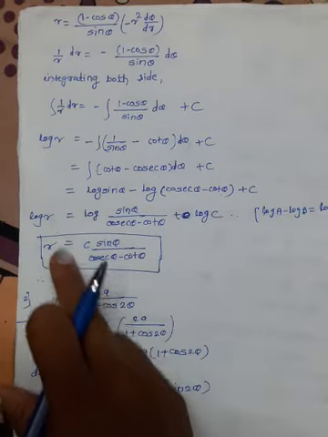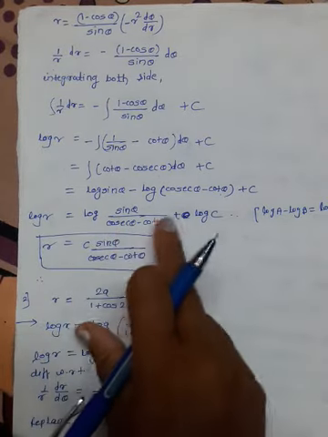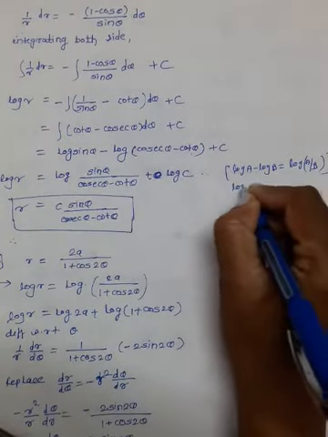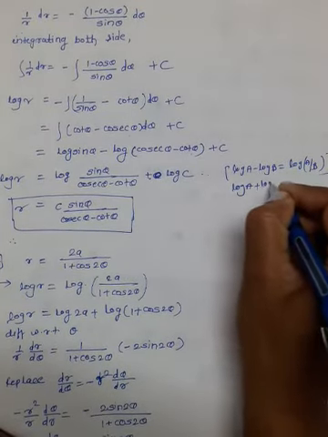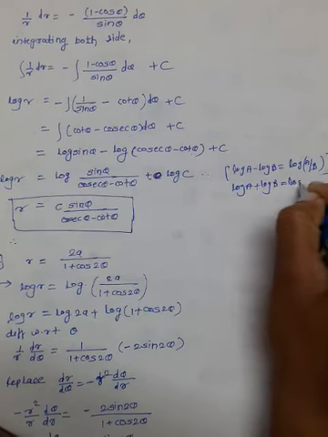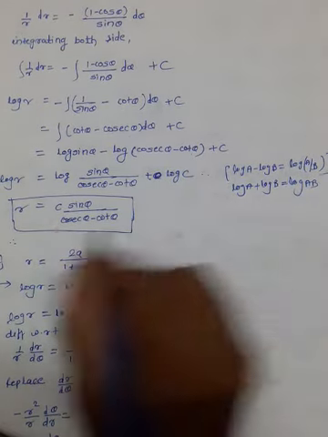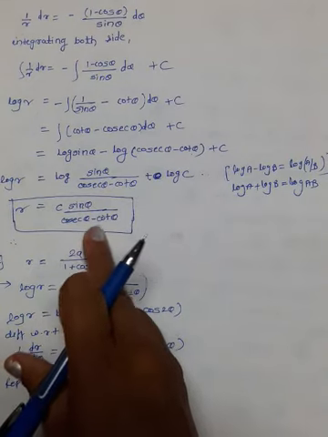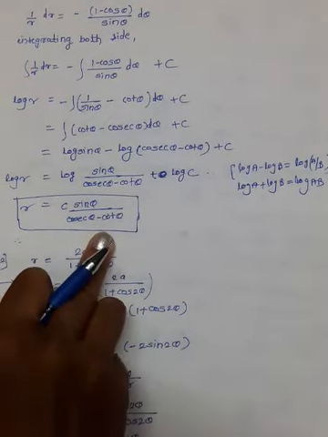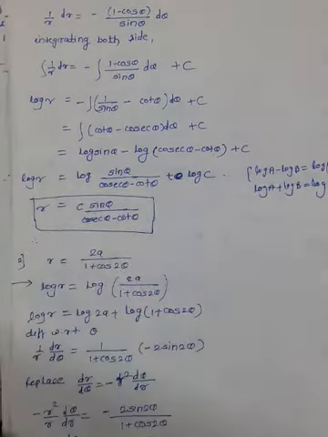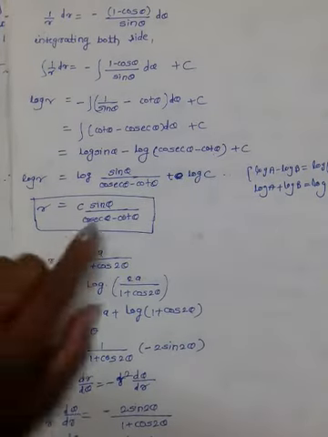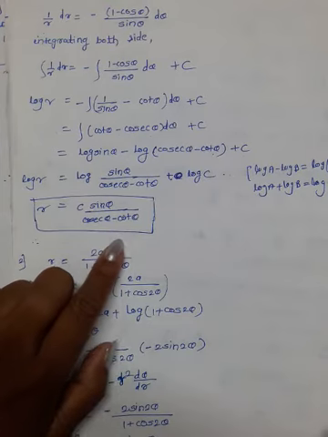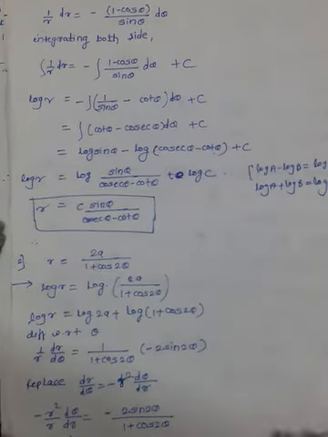Now log a plus log b is log of a into b, so we are using this. Therefore it becomes c into sin theta upon cosec theta minus cot theta, and from both sides log gets cancelled. Therefore r is equal to c into this term. This is the orthogonal trajectory of the given equation.